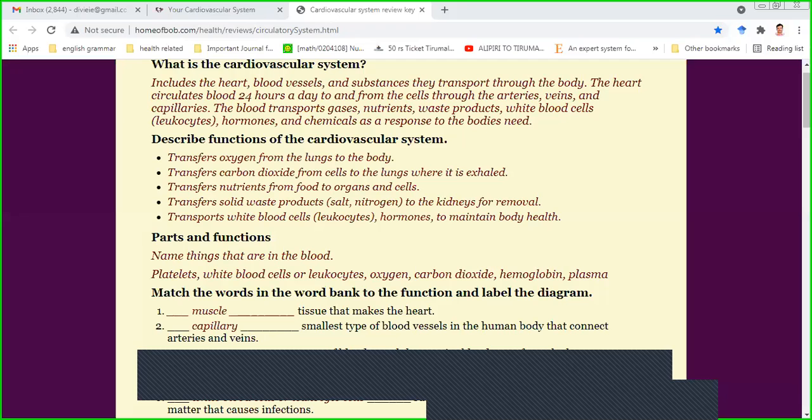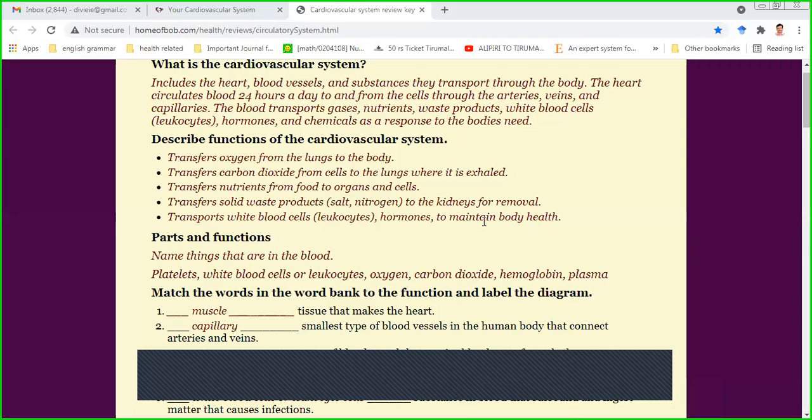So first of all, I will show what the cardiovascular system is. What main components are present in the cardiovascular system?